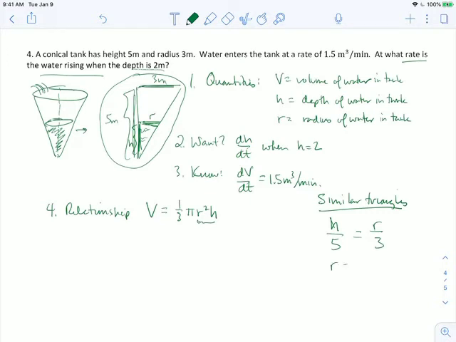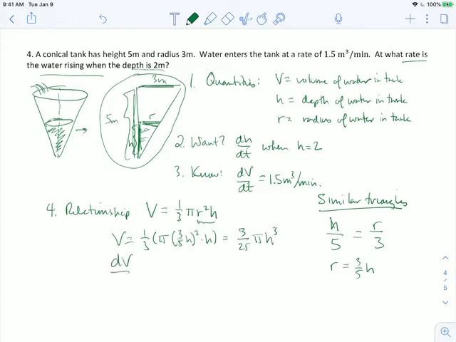And so if I solve for r, I get r is 3/5 h. And so I get 1/3 times pi times 3/5 h squared times h. And if I do a little bit of simplification, I believe I get 3/25 pi h cubed.